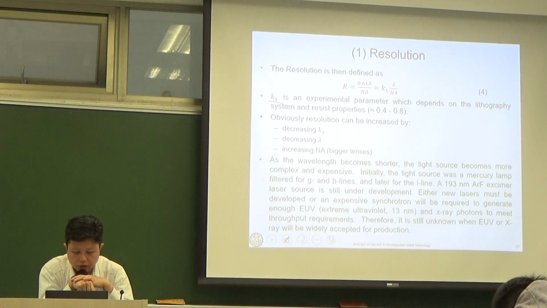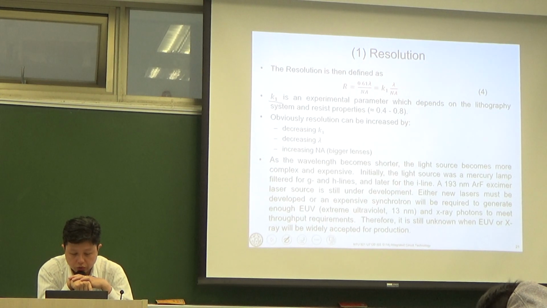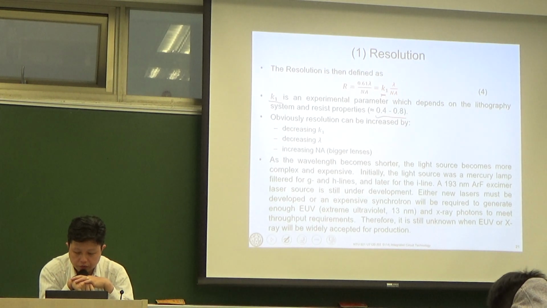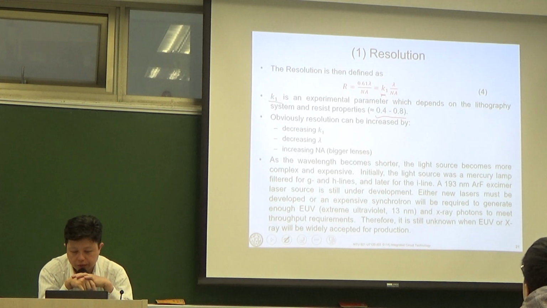It's actually an experimental parameter, which means it depends on your system, your lithography tool, and also your photoresist properties. This number is usually between 0.6 and 0.8.